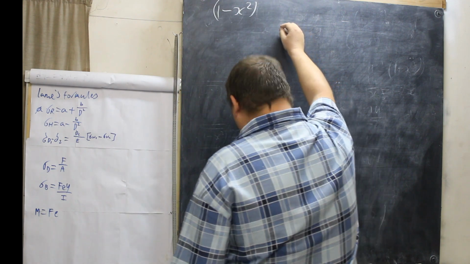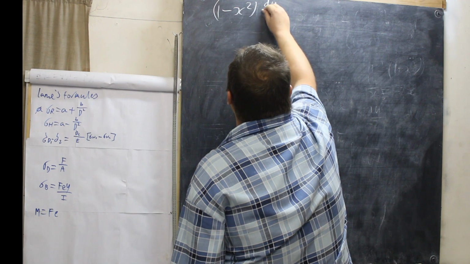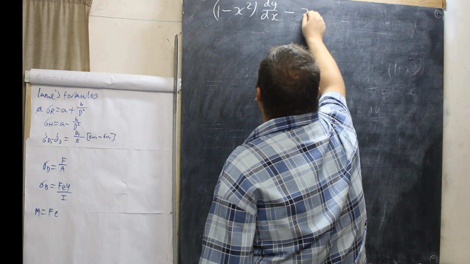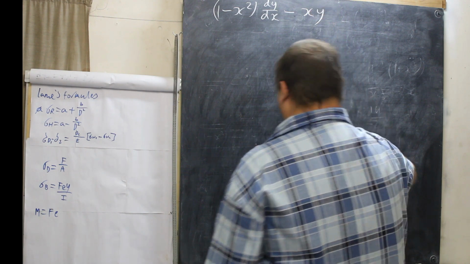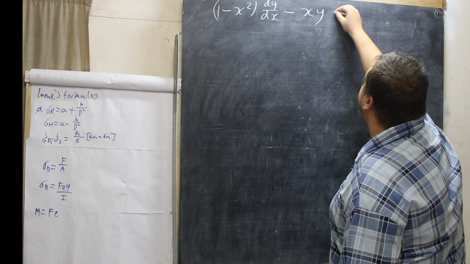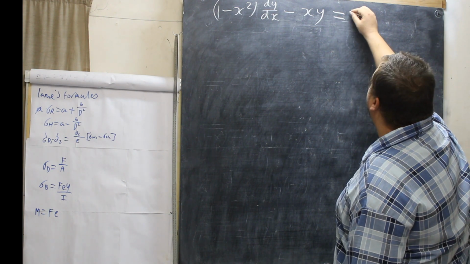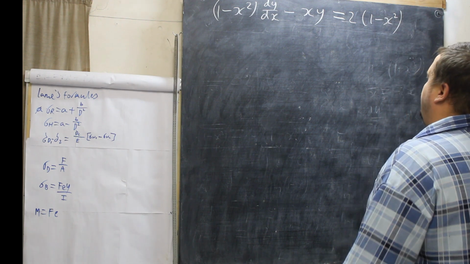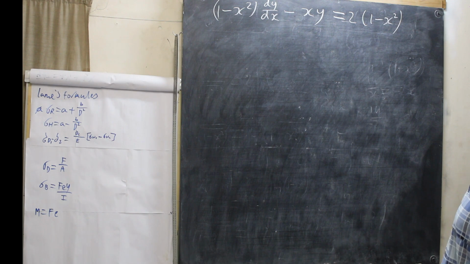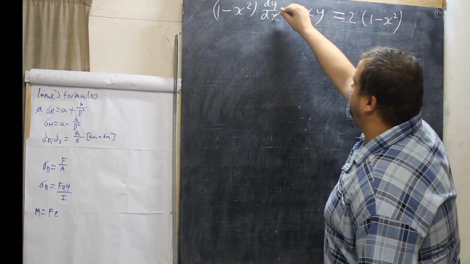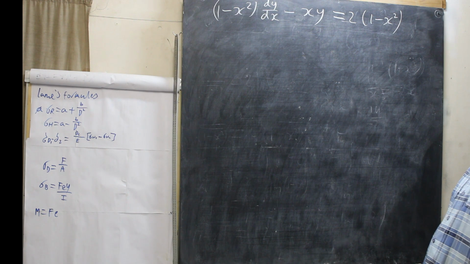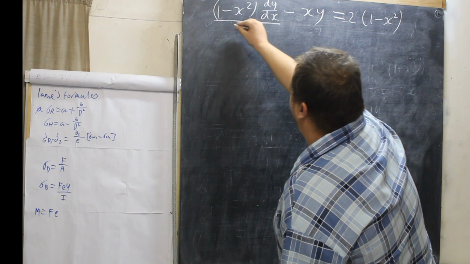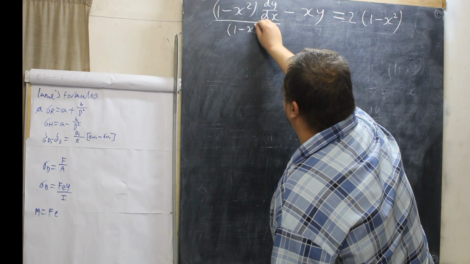Okay, this is our sum that we are going to do. Alright, first things first, we have to get dy over dx by itself. So that's the first step. So now what we're going to do is divide by 1 minus x squared.